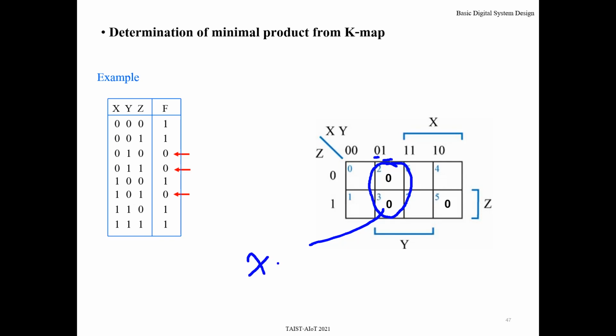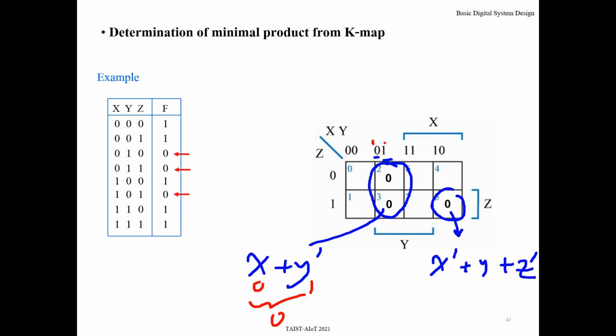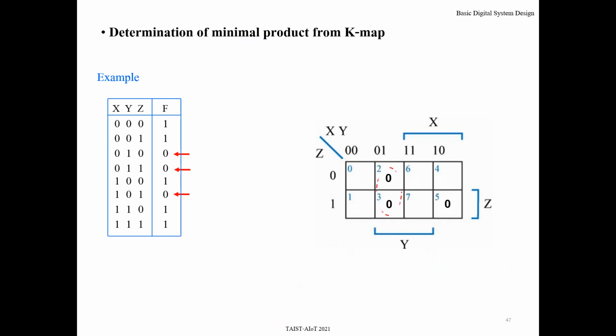So the sum term is x plus y prime, because this term will be 0 when x is 0, y is 1. And this term will be 0 when x, y, z is 1, 0, 1. So you can write it as x prime plus y plus z prime. So your function in minimal product, you just AND these two terms together. Okay, that's all.